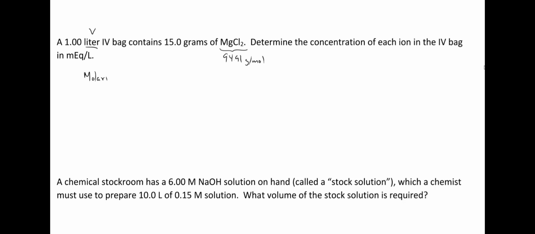So the molarity, as we've defined it before, is simply going to be the moles of the solute, which in this case is magnesium chloride, for every 1 liter of solution. And since this solution only has 1 liter in it, that's going to make this a rather easy conversion.